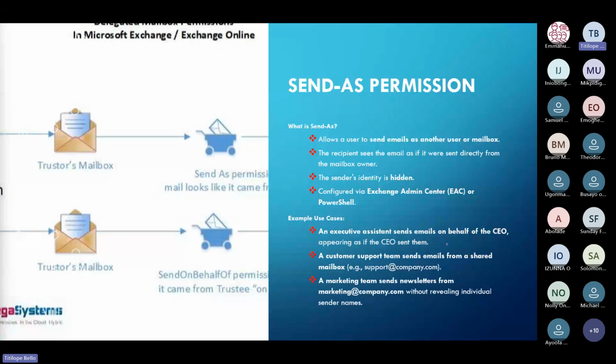That is, the executive assistant that is sending email on behalf of the CEO. It is send as, because I say on behalf, don't mistake it for send on behalf. The assistant is sending as the CEO. So all the business partners are seeing that it is the CEO that sent the email. They are not seeing the actual sender.